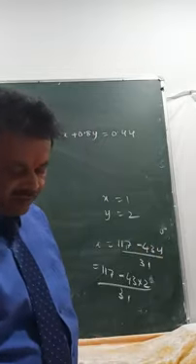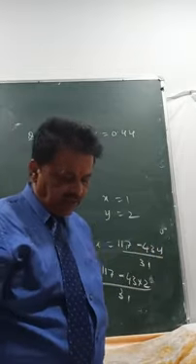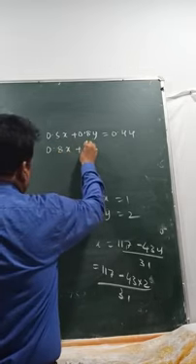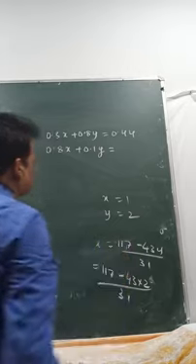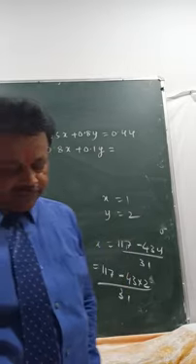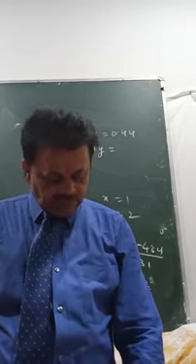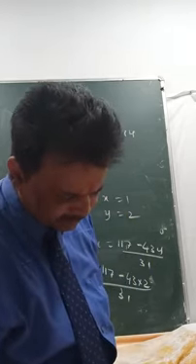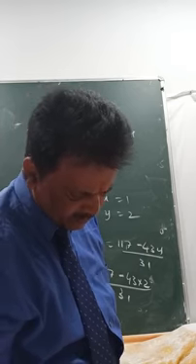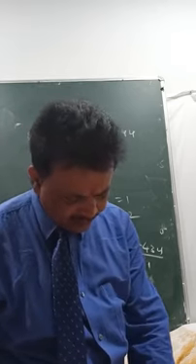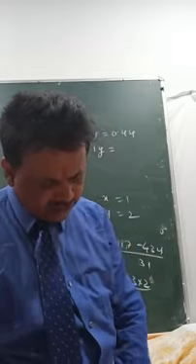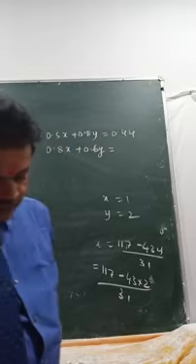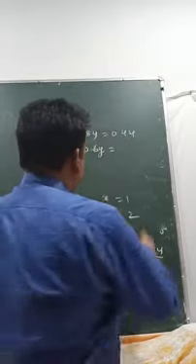Second equation you have 0.8x plus 0.6y equals to 0.5.